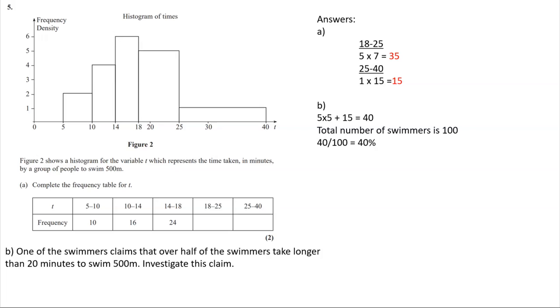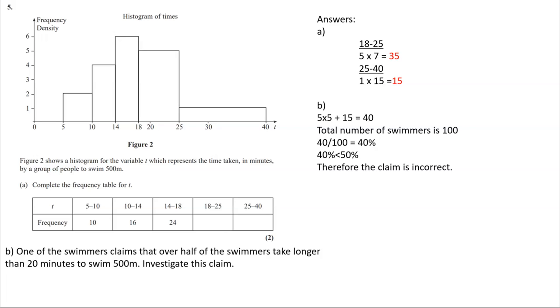So you need to make sure you work out some sort of fraction that you can compare with, or a percentage. Percentages are often better to compare than fractions, because with fractions you can have different denominators. That's why percentages, or decimals, are better a lot of the time. So 40%, which is obviously less than half, which is less than 50%. So therefore, the claim is incorrect.